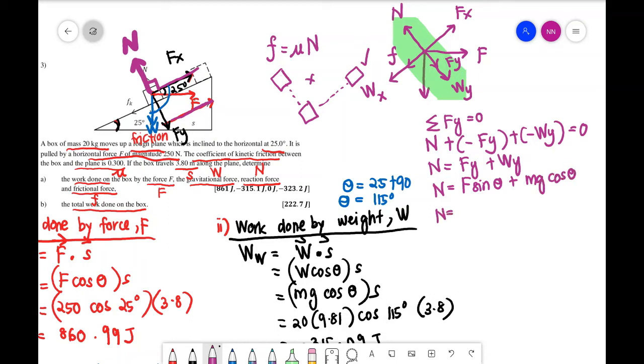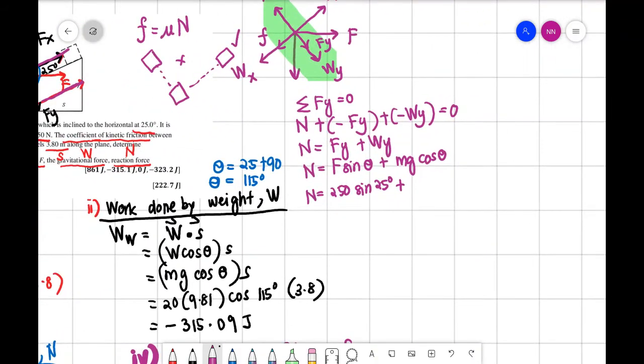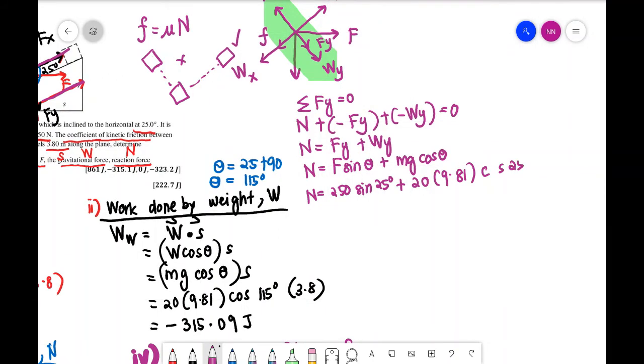So N equals F. What is the value of F? F is 250. 250 sine 25 degrees plus mass 20 kilograms times g 9.81 times cos 25 degrees.